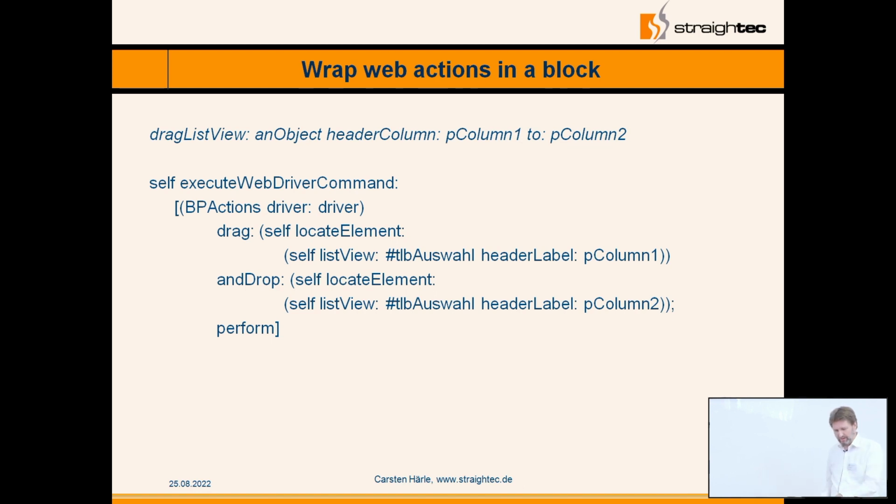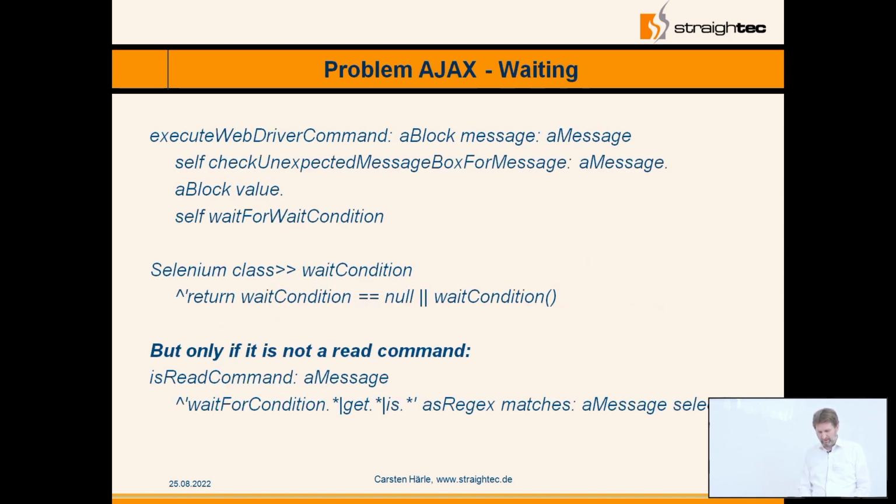So therefore, we introduced a single execute WebDriver, and then a single action could consist of several WebDriver actions, which are encapsulated into one. For example, this execute WebDriver first checks, is there an unexpected message box?